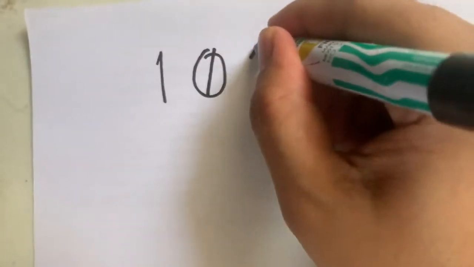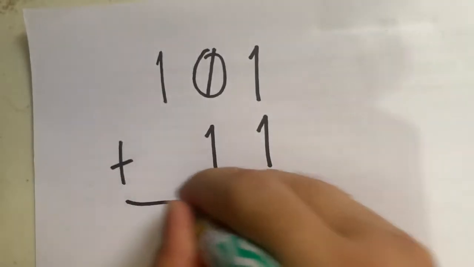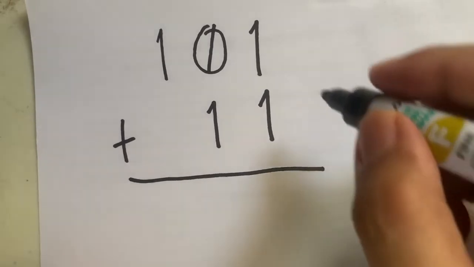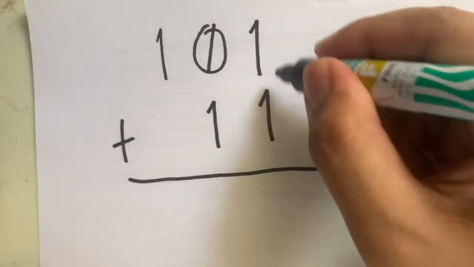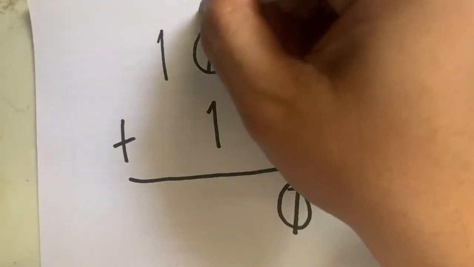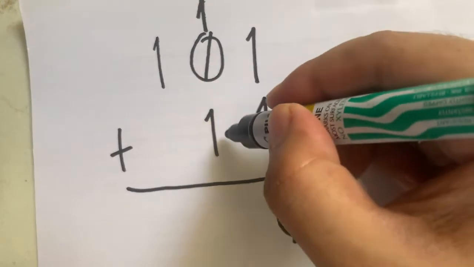But say you are given 101 plus 11. How do we add these binary numbers? We first take the last digit, we have 1 plus 1. According to our rule, that is 0, carry 1. So we have here 10 plus 1.